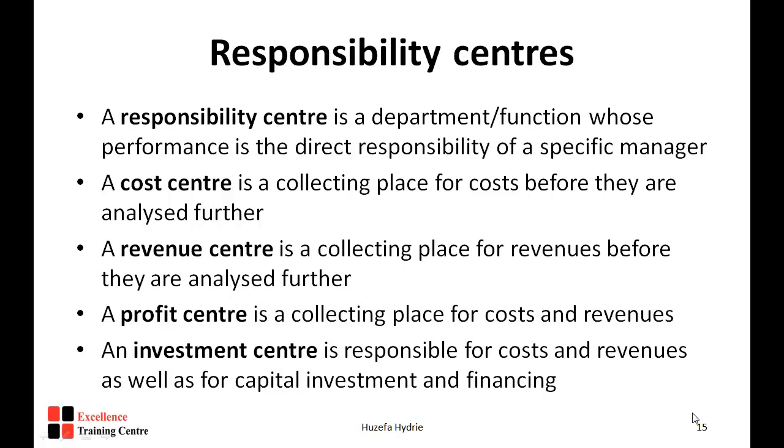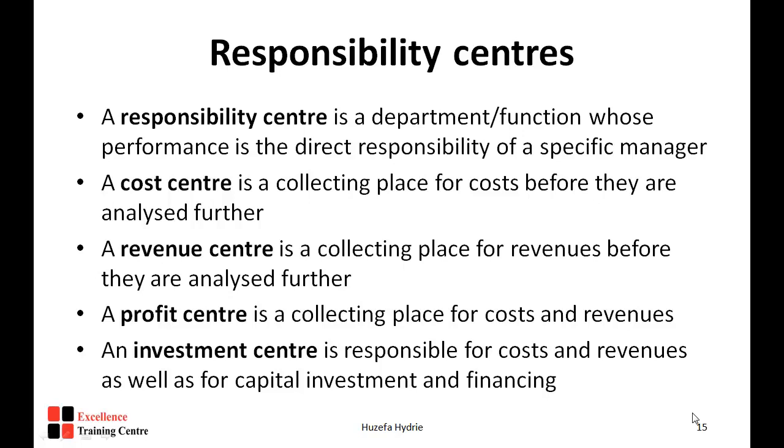Now for example, you can say that each one of you is working in an organization. One of you is responsible for the finance function, one of you is responsible for the sales function, one for marketing, administration. So each of you would be responsible for only your area of responsibility. You will not be responsible for the performance of any other person's area.